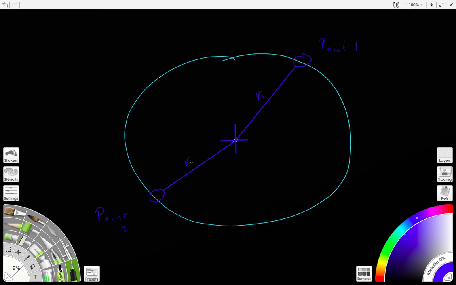R1 and R2 are equal, because I am moving within a circle and the radius of the circle doesn't change. So how can I pinpoint where my actual particle is? Well, with just the value of theta, right?